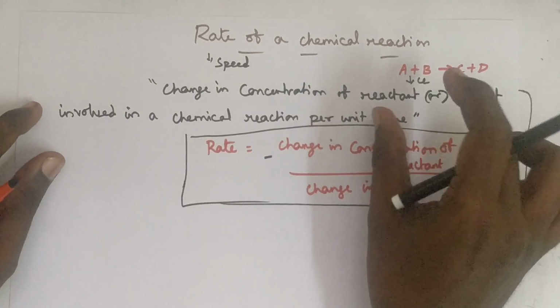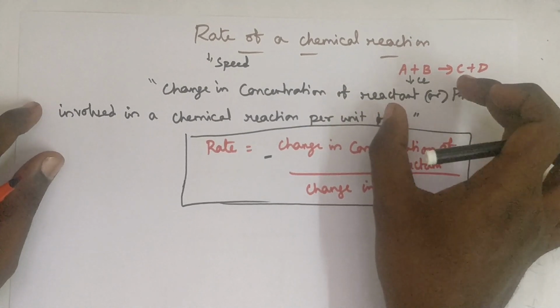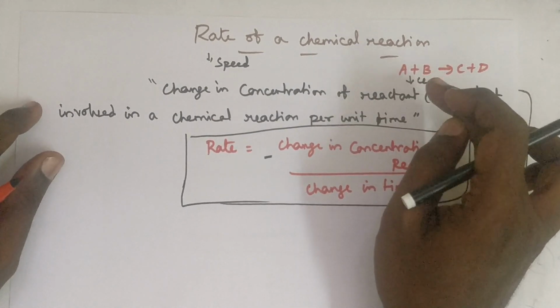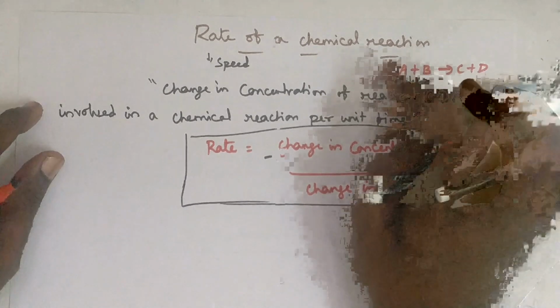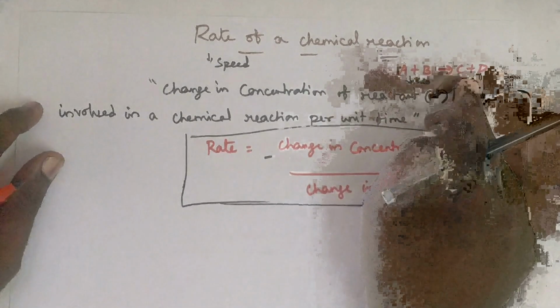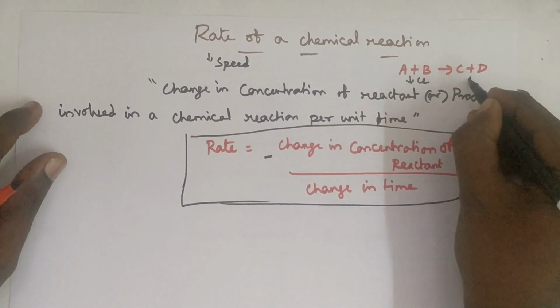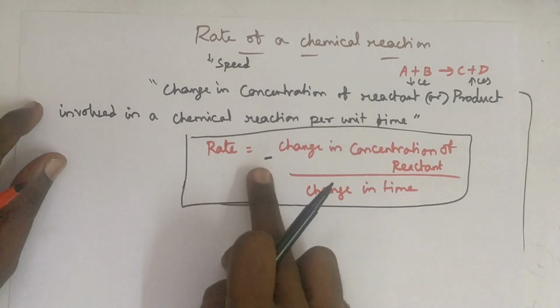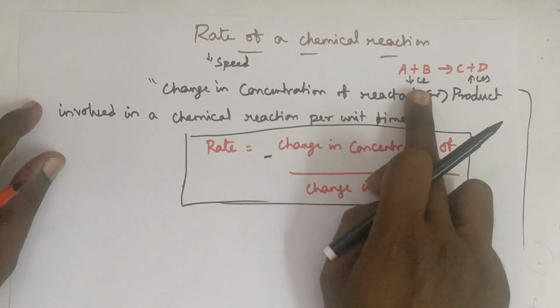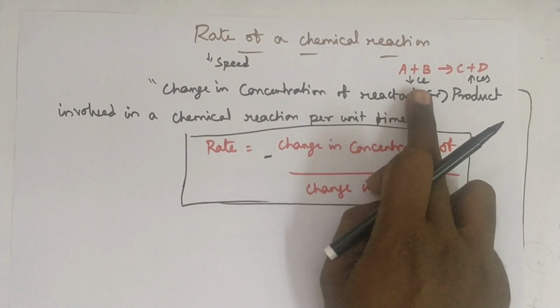So in the beginning reactant has more concentration. Before starting the reaction, reactant will be more. After completion of the reaction, reactant concentration decreases, product concentration increases. Because of this, in case of reactant, they mention negative sign. The reason is the decrease in the concentration of reactant.